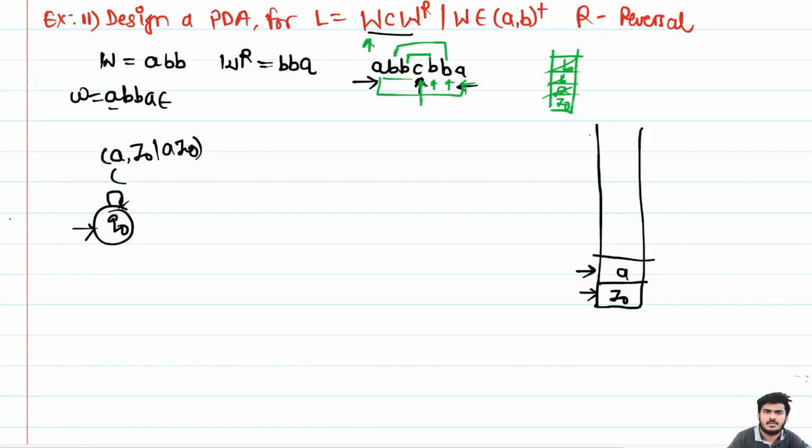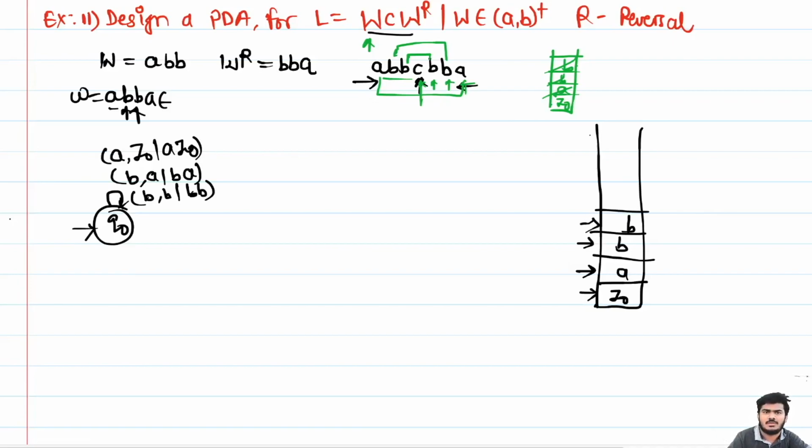Next I am with B, which is the input, and the top of the stack is A, so I have to push that B into the stack, and this becomes BA, with B on top. Similarly, the top of the stack is B and the input is also B, so I push that B into the stack.